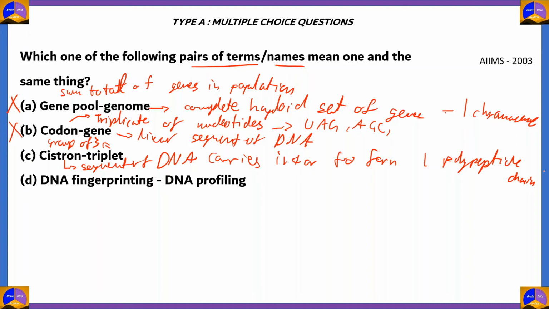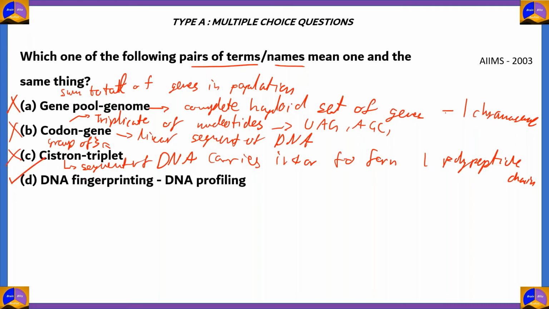So this segment of DNA gets transcribed into mRNA, and that mRNA along with tRNA forms the polypeptide chain. So for one polypeptide chain, the segment of DNA which was responsible for coding for that polypeptide chain is referred to as a cistron. So again, these two do not mean the same thing, so option C is incorrect.